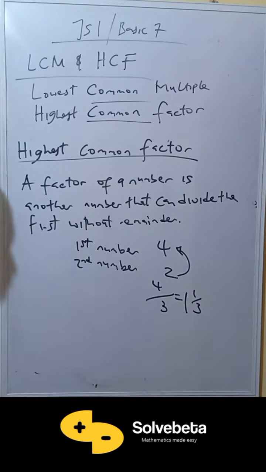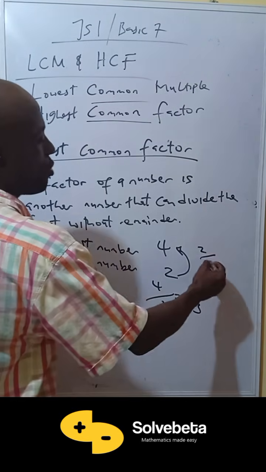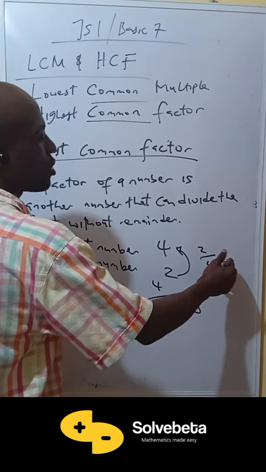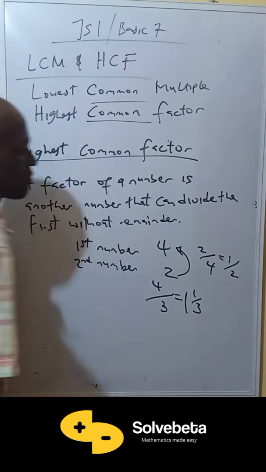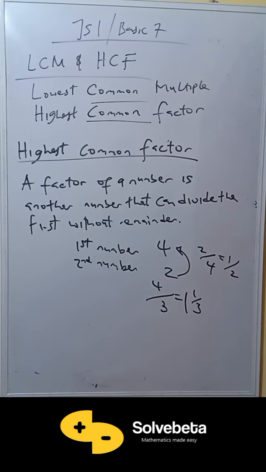So 3 is not a factor of 4. Now 4 is not a factor of 2 because 4 cannot divide 2 without remainder. In fact, dividing 2 by 4 gives us a fraction, half. So please take note of that definition. A factor of a number is another number that can divide the first number without remainder.